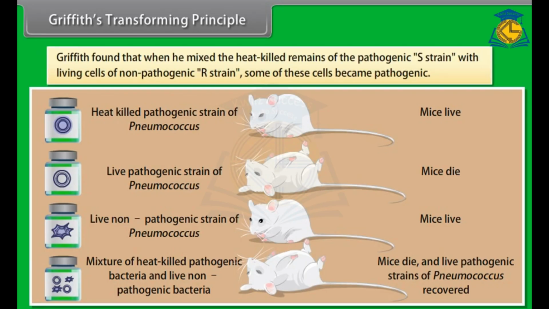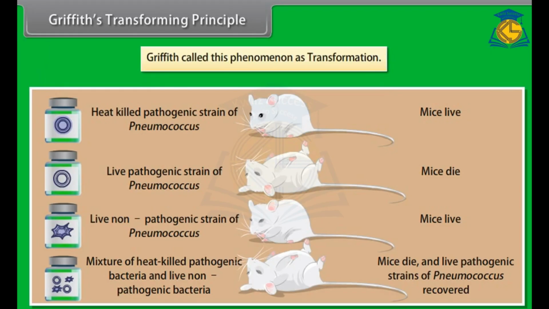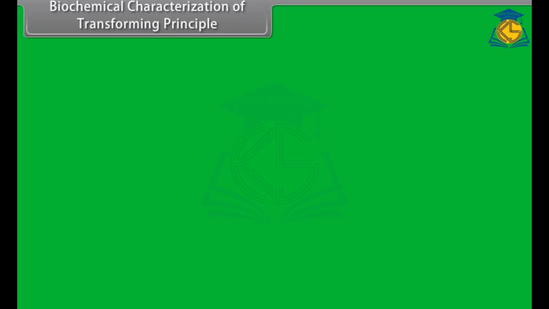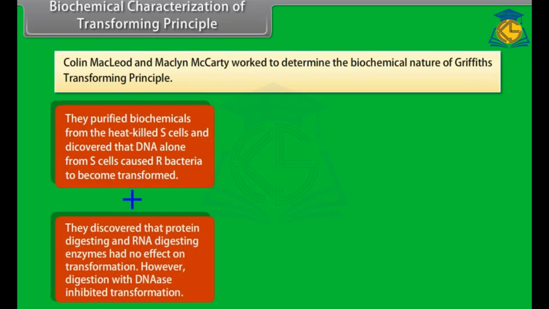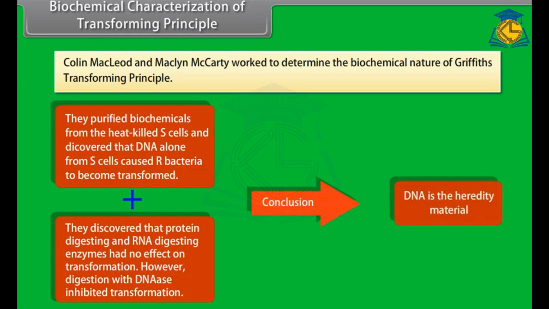Griffith found that when he mixed the heat-killed remains of the pathogenic S strain with living cells of non-pathogenic R strain, some of these cells became pathogenic. Griffith called this phenomenon transformation. Biochemical characterization of transforming principle. Oswald Avery, Colin MacLeod and Maclyn McCarty worked to determine the biochemical nature of Griffith's transforming principle.